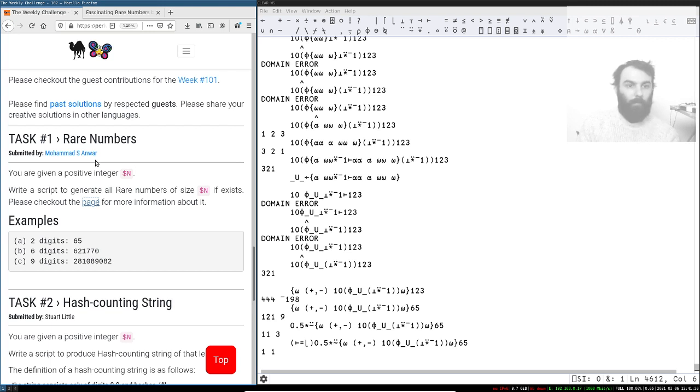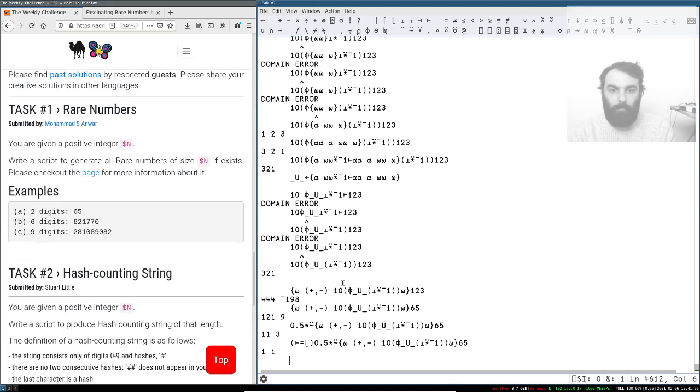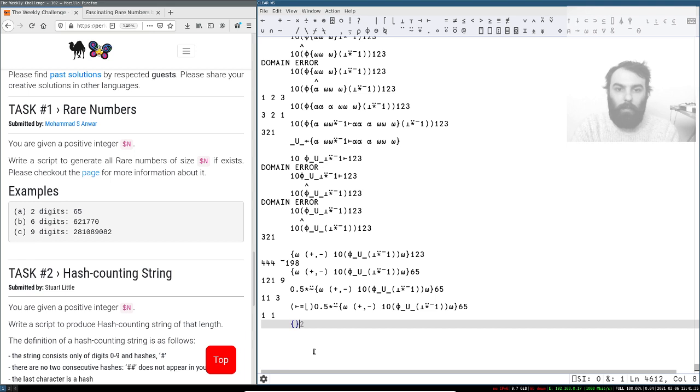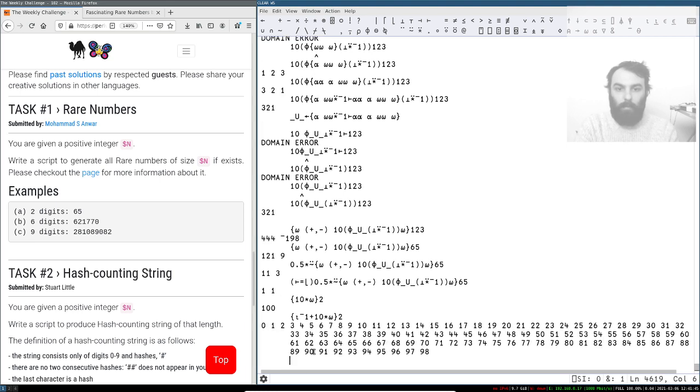Oh right, so you're going to give it a number which is a number of digits. Which is to say, given the number 2, generate all the numbers which have 2 digits, which is 10 power omega iota neg 1 plus. Oh no, you want exactly 2. This goes up to 2.